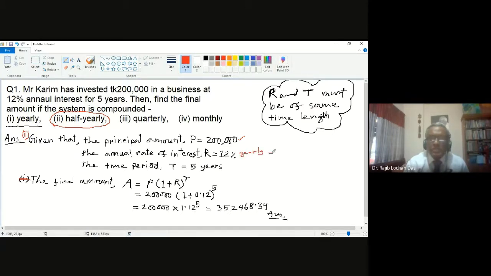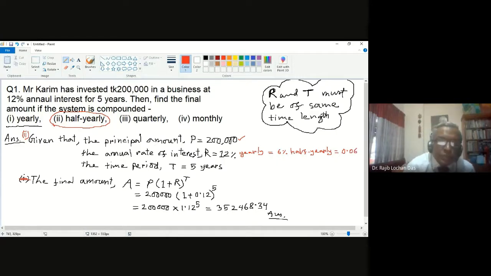That means 6%, that is half, 6% half yearly. So what is 6%? 6% means 0.06. So this you will apply for the formula.